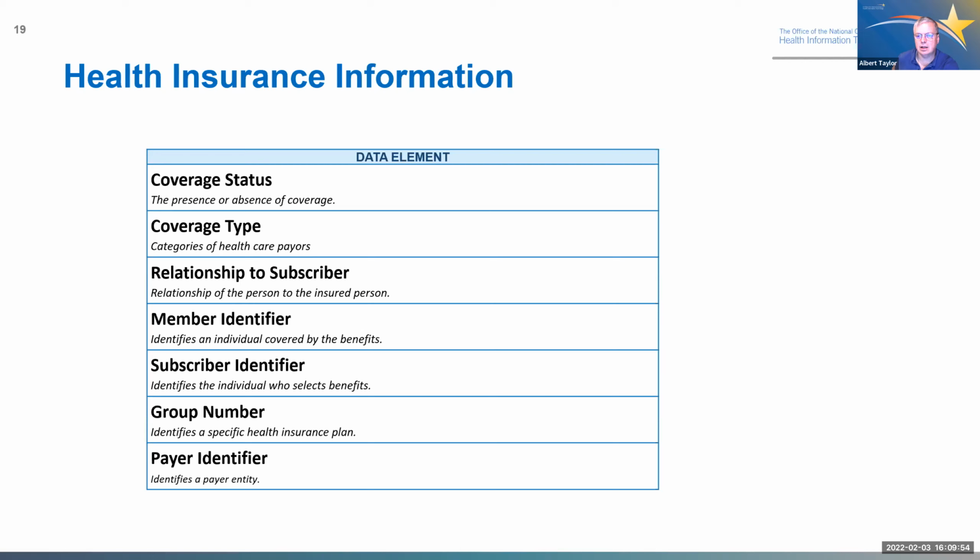For the data elements that were not added to USCDI, I'm going to get to that in the ask of ONC while we publish the draft version. There are any number of different data elements that were not added to USCDI that we certainly could consider adding, even though they didn't make it into the draft.